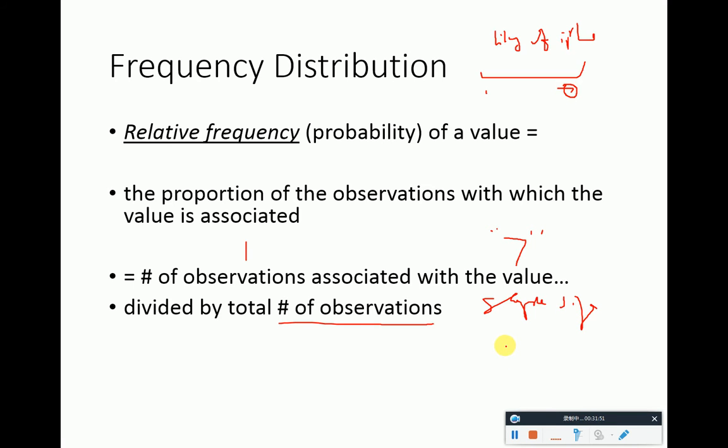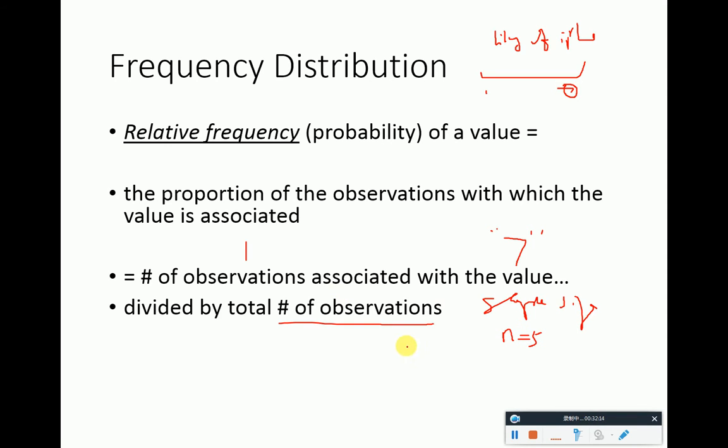Okay, because if the sample size, let's say the sample size is 5, that means we have 5 observations. That is, we have 5 numbers, providing that each person provides 1 number, right? So the total number of observations in most cases will be equal to sample size.